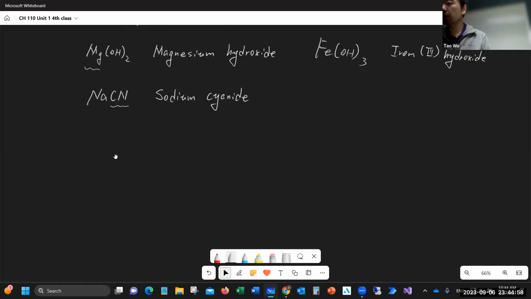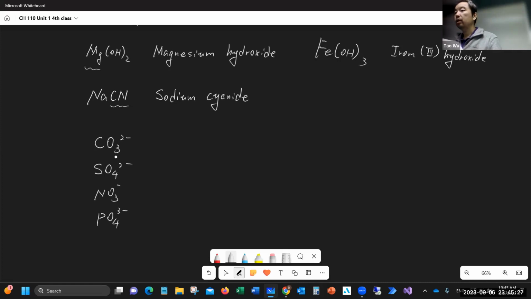So this is sodium cyanide. Then if you're looking at the polyatomic anions, there are a lot, like CO3 2 minus, SO4 2 minus, NO3 minus, and PO4 3 minus.